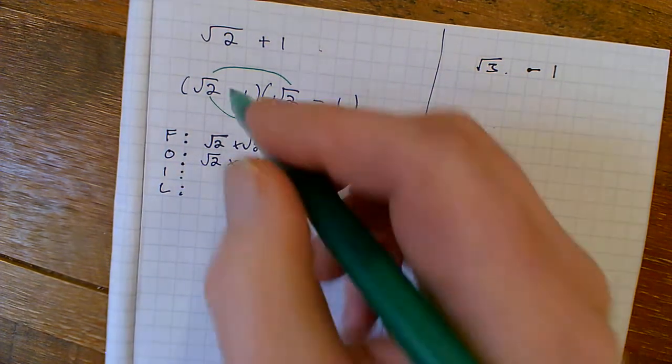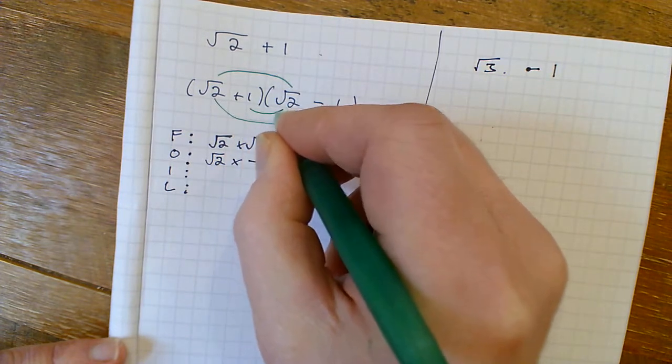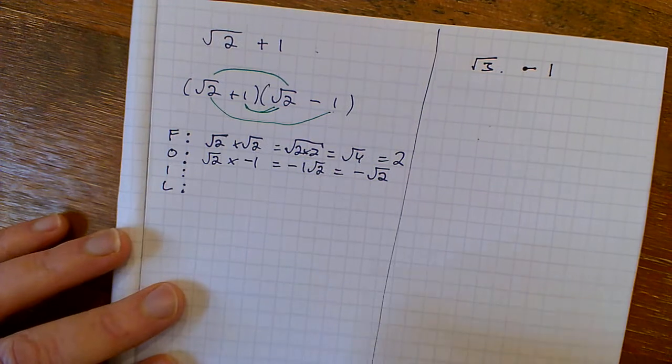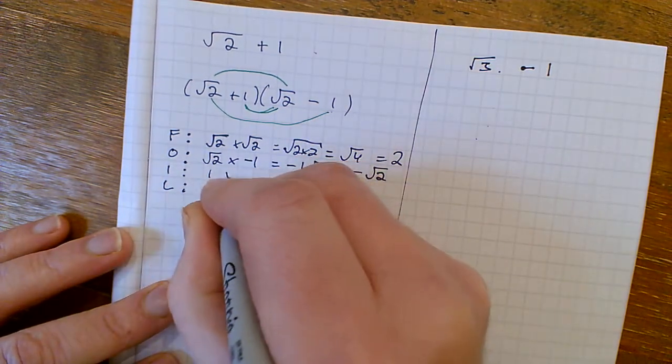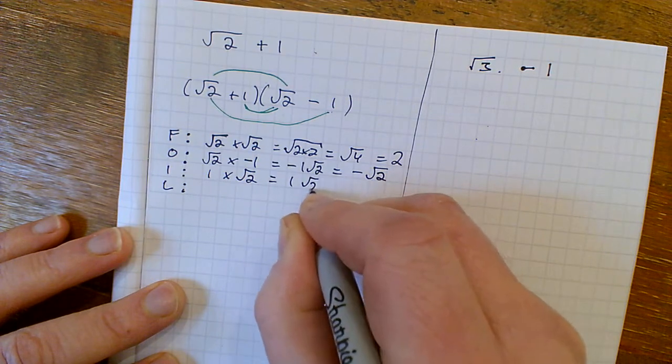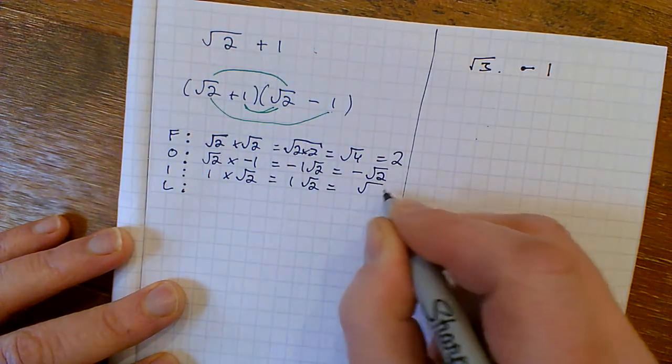Inners are the two which sit next to each other like that. So I've got 1 multiplied by root 2, which is 1 root 2, which gives me root 2.